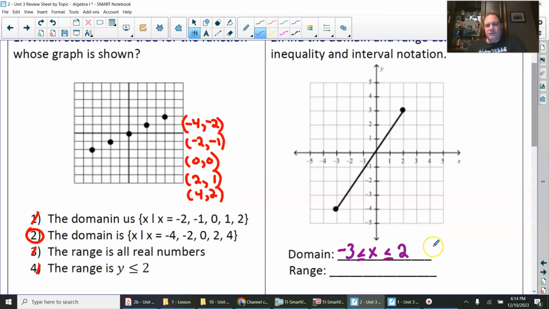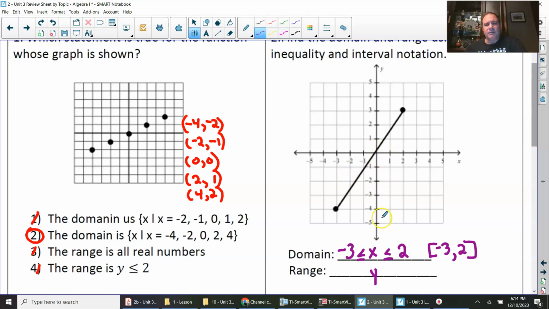The interval notation for that would be a bracket, -3, 2, and a bracket. The range would be the lowest the graph goes. Remember, this is y. And this is a compound inequality as well, because two numbers are circled.